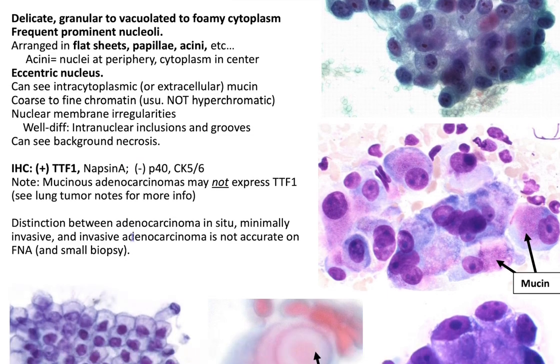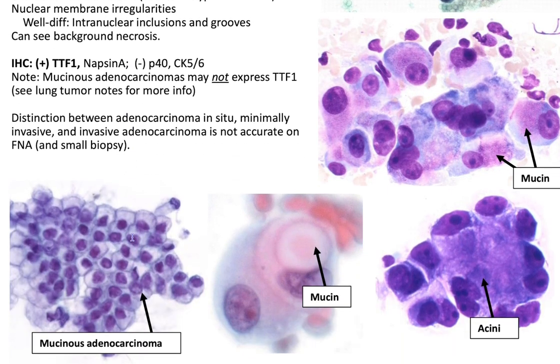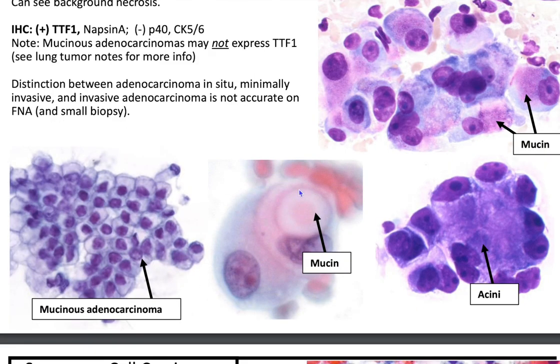And distinction between adenocarcinoma in situ, minimally invasive, and invasive adenocarcinoma of the lung is not accurate on FNA and small biopsies. So here is an example of an intracytoplasmic mucin vacuole. Here is your architecture of acini and your mucinous adenocarcinoma.